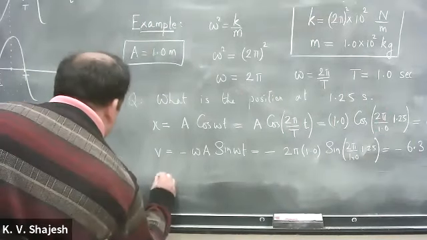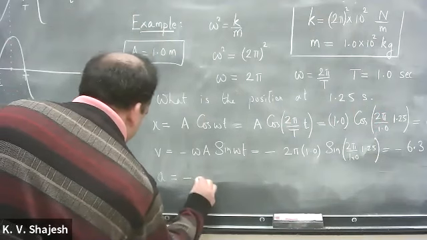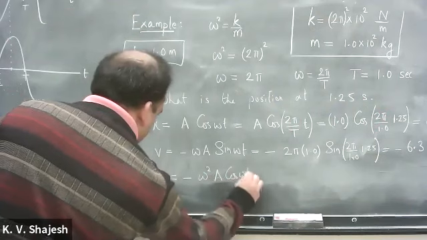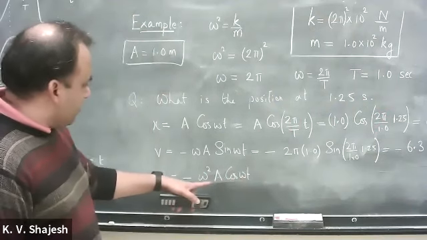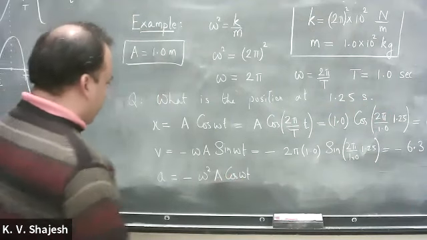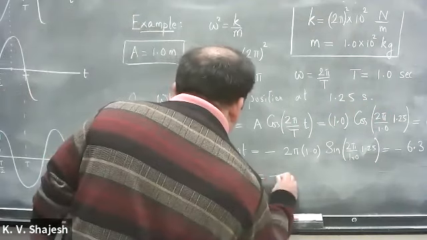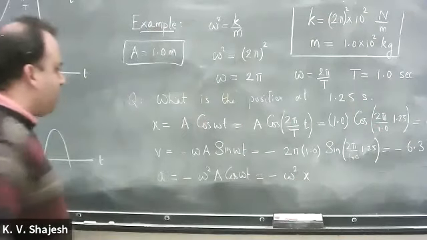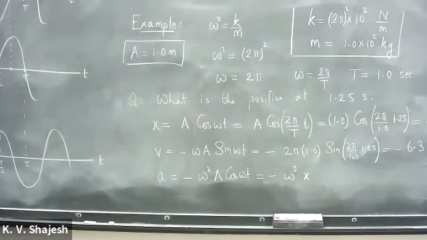Acceleration similarly is minus omega squared A cosine omega t. But I don't have to redo this calculation because A times cosine omega t is x, which I know is 0. So that's minus omega squared times x. But x at this time, we have calculated this to be equal to 0.